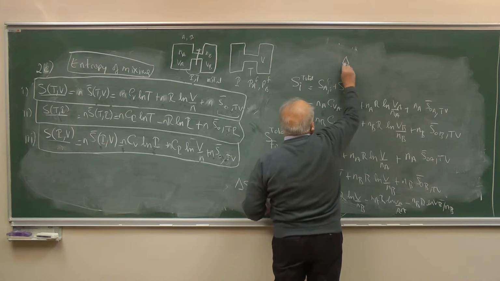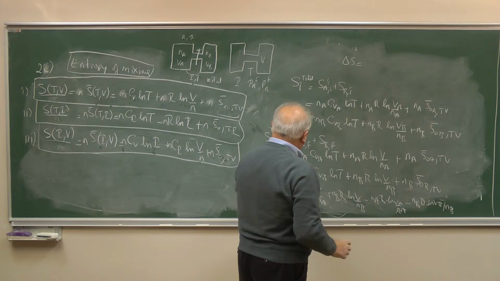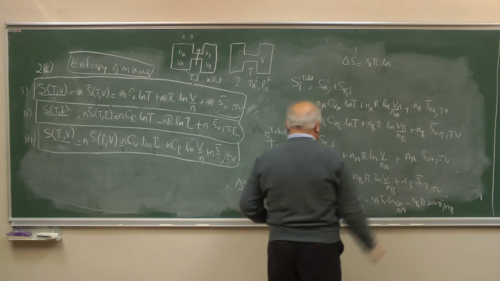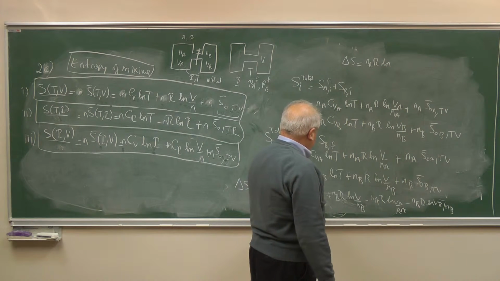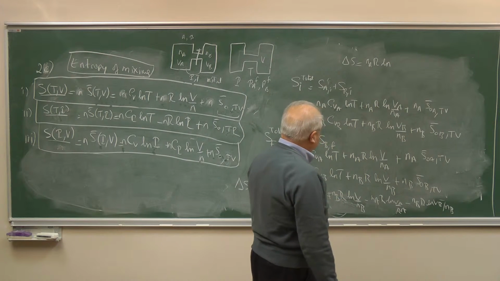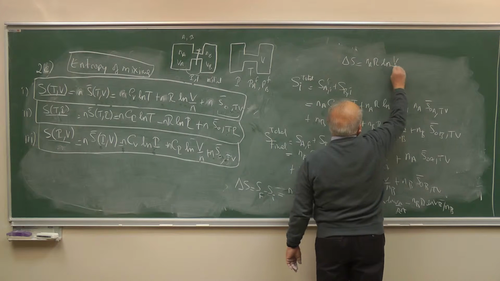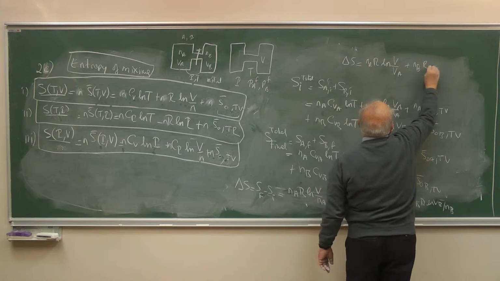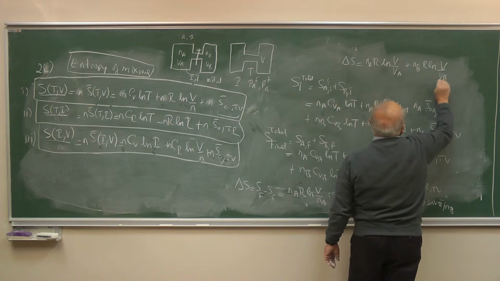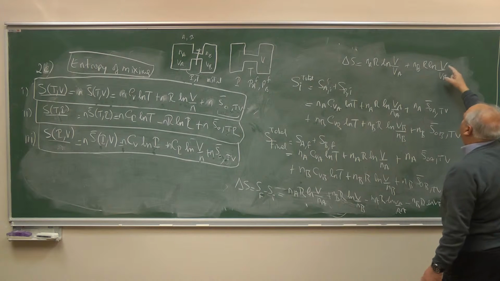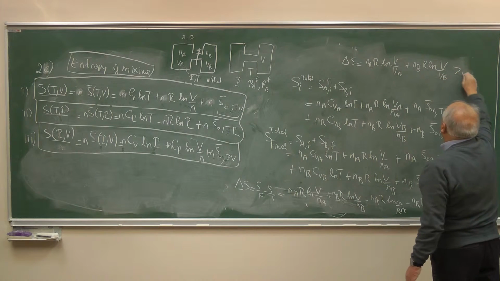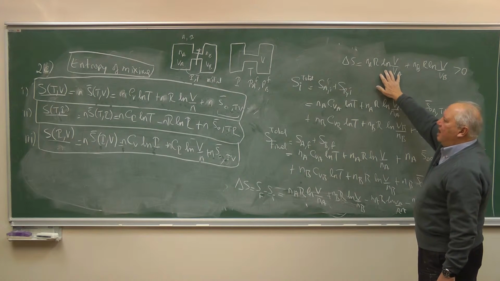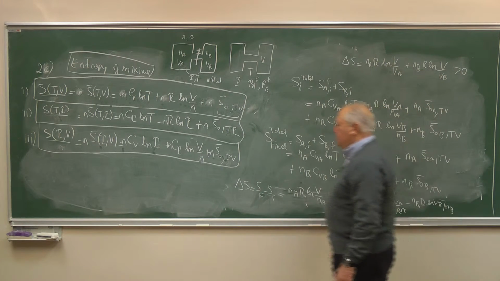So delta S equals NA R log V over VA plus NB R log V over VB. Since V is larger than VA and V is larger than VB, certainly entropy is increased. By the way, this is the increase of entropy of the gas A. This is the increase of entropy of the gas B.